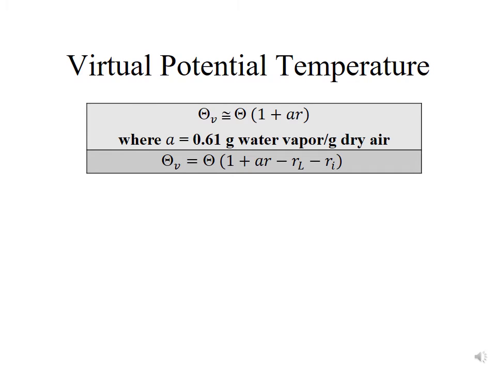The virtual potential temperature is a slight correction to the potential temperature that includes the water vapor mixing ratio effects on the parcel density. And virtual potential temperature will be used a lot when we start to work on atmospheric stability and buoyancy differences in the atmosphere.